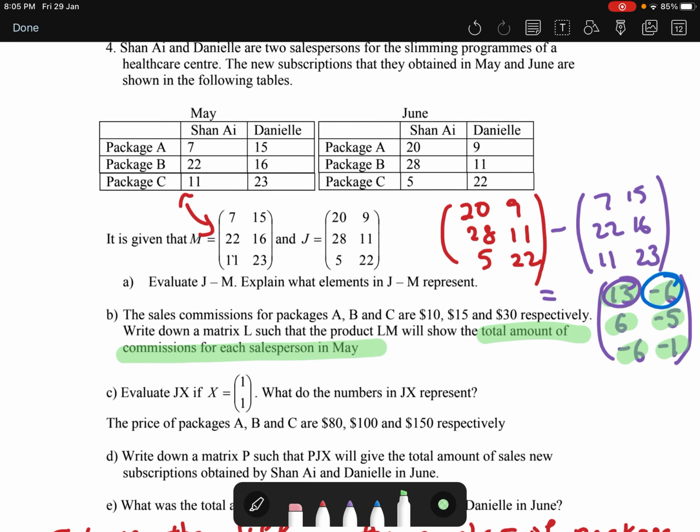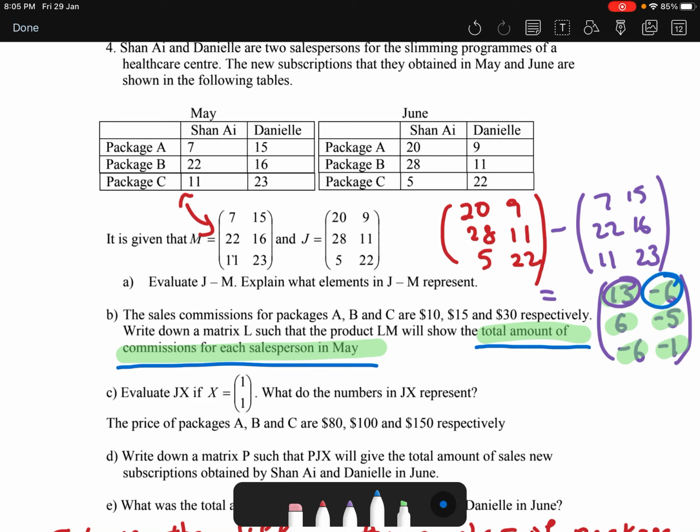From this sentence, we need to deduce the order of the matrix. We want to know how much Shan Ai earned, and how much Danielle earned, from packages A, B, and C added up together.